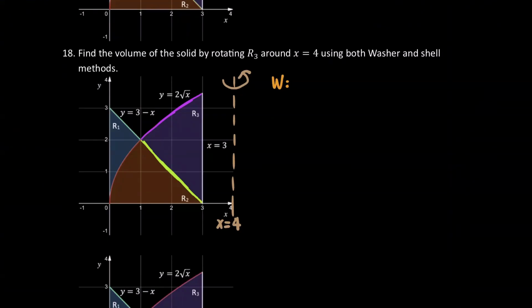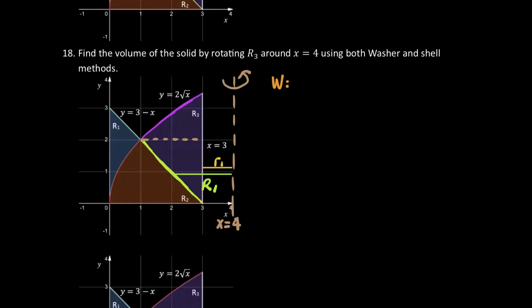And this time we have to break it into 2 pieces. The bottom part, from the green function to the axis of rotation, will be the big R. The small r will go from the vertical line to the axis of rotation.